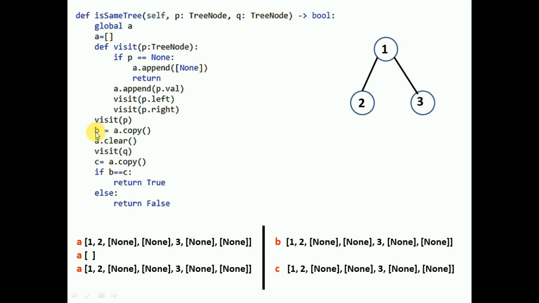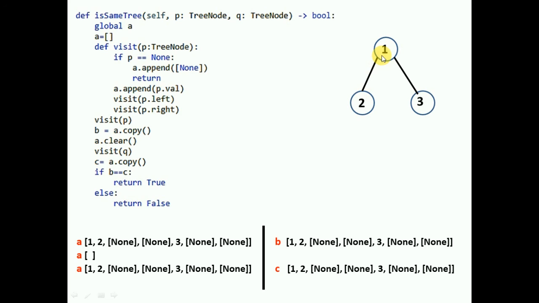Then I make another list called b, and the value of a is this. I copy the value of a into b, so b is the same as a. Then I clear the value of a, so I cleared it. Then I call visit q.